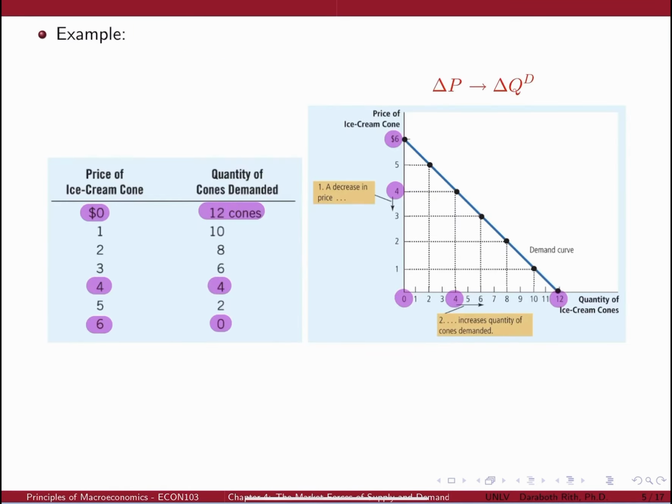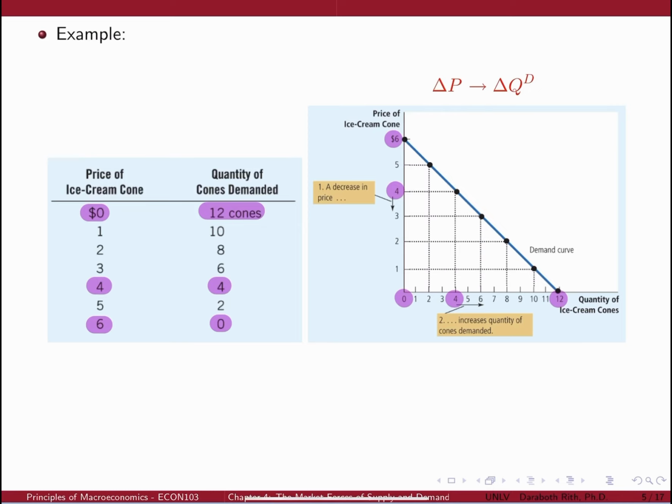This is an example. You can see the demand schedule lists the price of an ice cream cone and its quantity demanded. At the price of $0, the quantity demanded is 12 cones. At $4, the quantity demanded is 4 cones. And at $6, the quantity demanded is 0 cones.